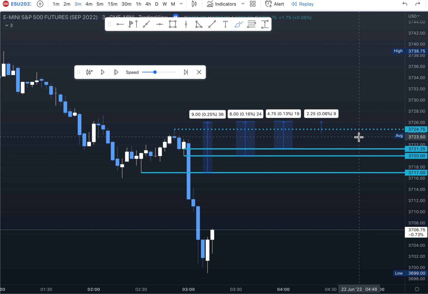So all of those things go into the equation of which level am I going to take, which contract, how many contracts am I going to scale into my trade? What does that look like? What's my maximum pain? And that is all for everyone to decide, because we all have different risk appetites.